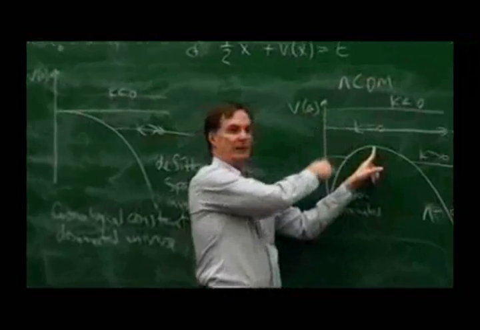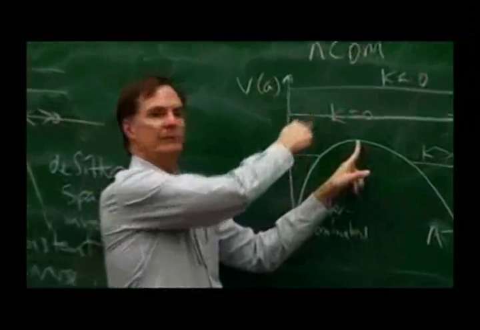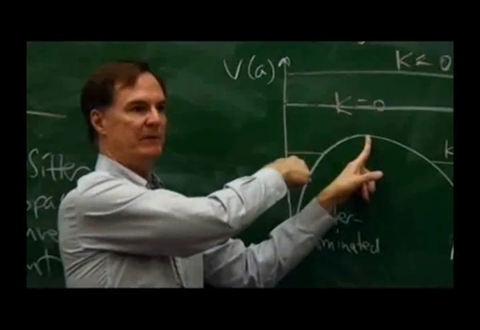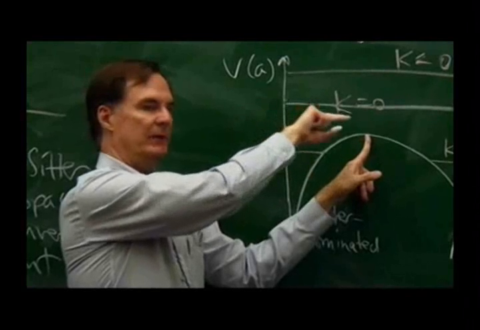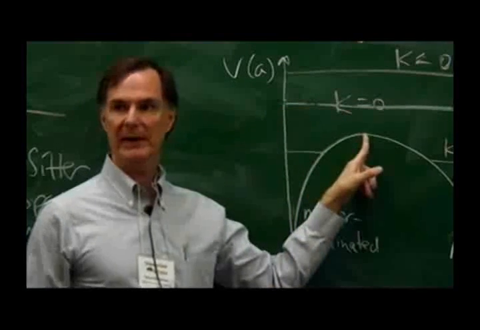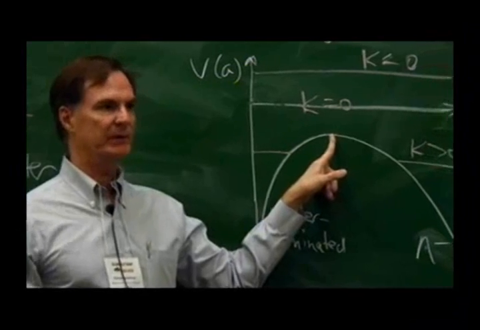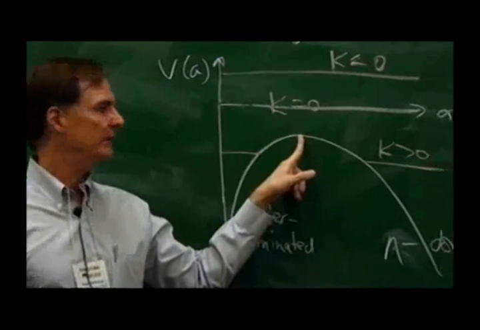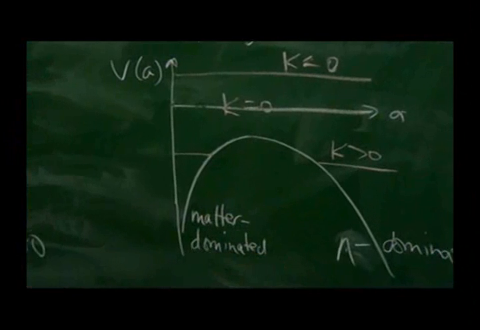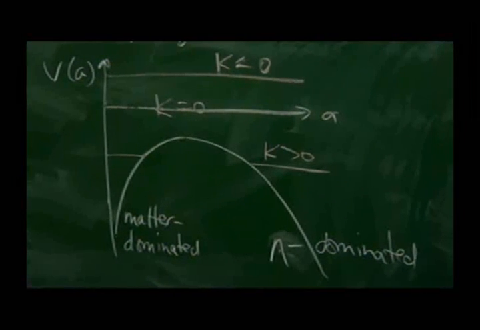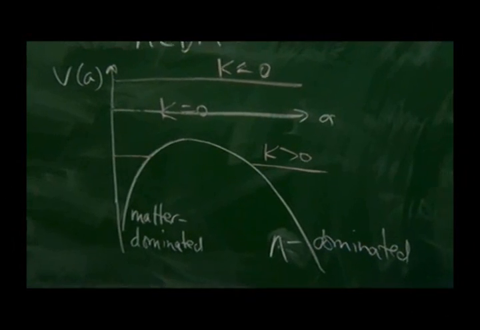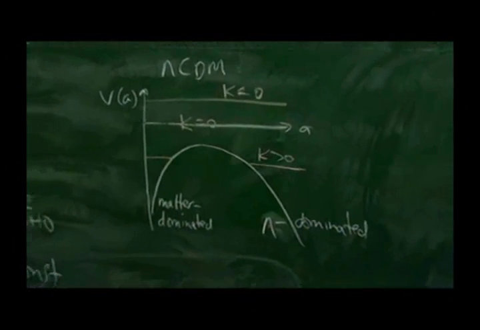A dot squared, the kinetic energy, is the difference between the energy level and the V of A. As you evolve to the right, that shrinks until you reach the maximum. And that means that A dot was decreasing. That's what we mean by a decelerating expansion. But once you're past the maximum of that effective potential, then A dot grows with time. That's acceleration.